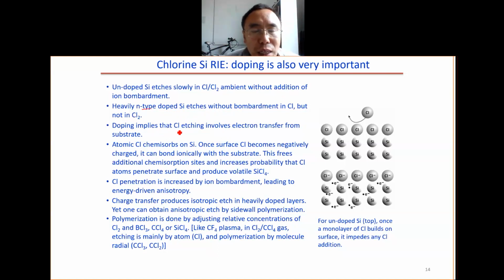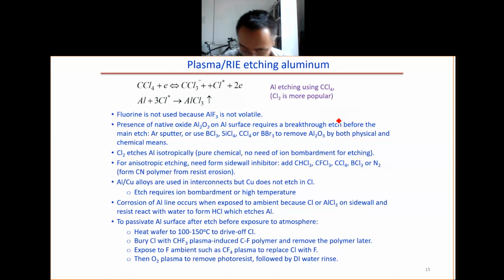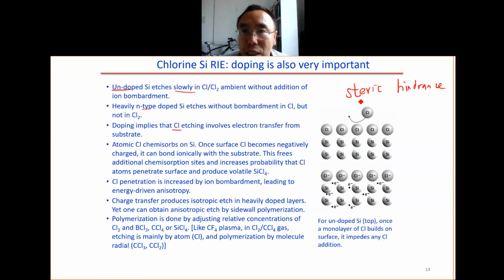That means chlorine etching involves electron transfer. So why does undoped silicon etch very slowly? This is because of something called steric hindrance.